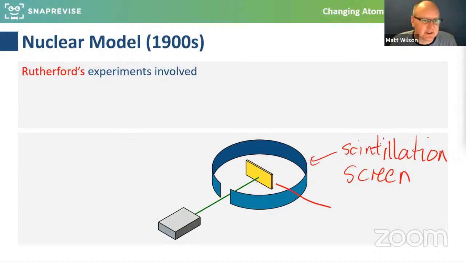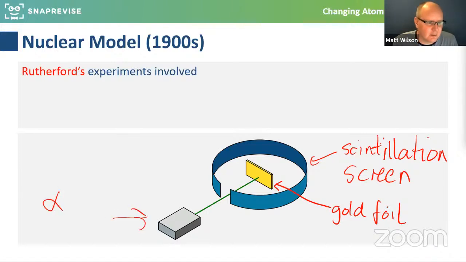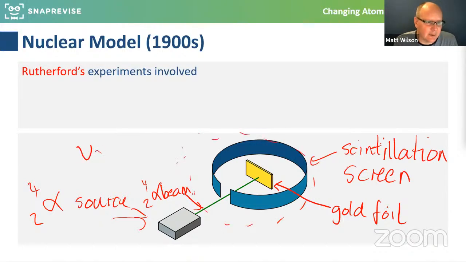In the center of our experiment, we've got our thin gold foil or gold leaf. Here's our alpha source, there's an alpha particle drawn out there, and our alpha beam. And all of this was in a vacuum chamber.